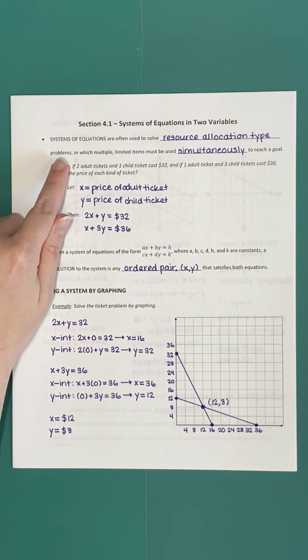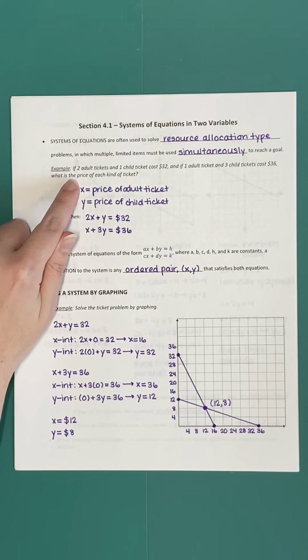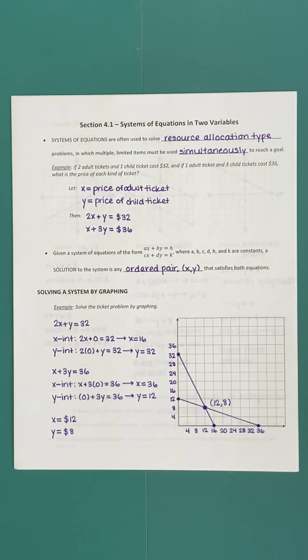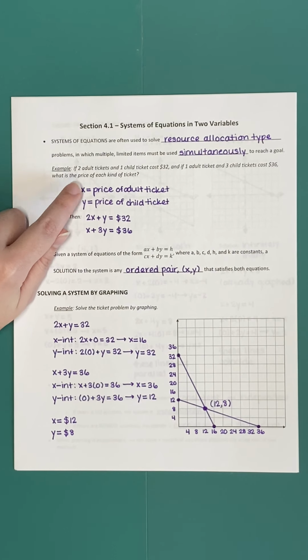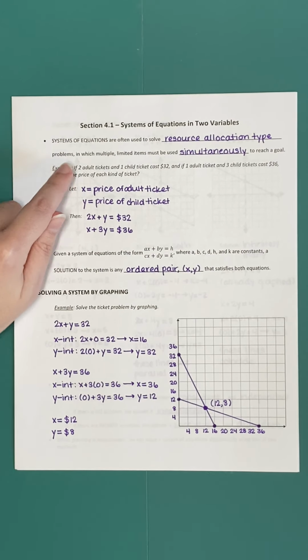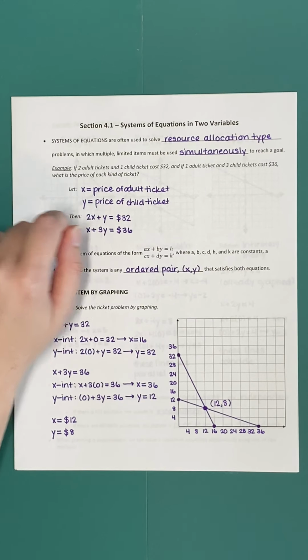And now we have to represent our two pieces of information using these variables. Each piece of information we're given is going to give us one equation. The first piece of information is that two adult tickets and one child ticket cost $32. How would we represent that with an equation? We have to think about what our variables represent and how they relate to the number of items being purchased.